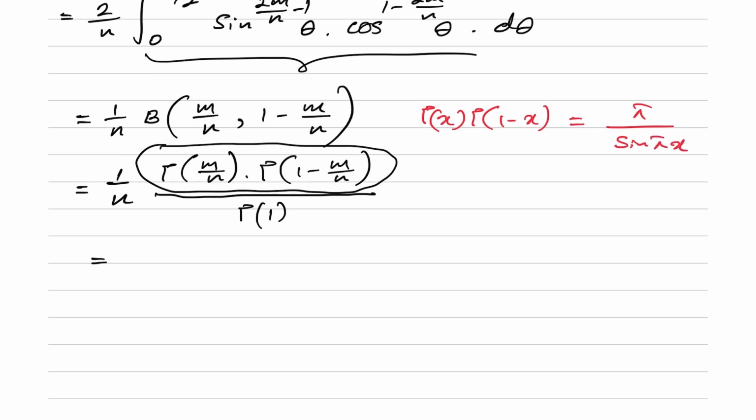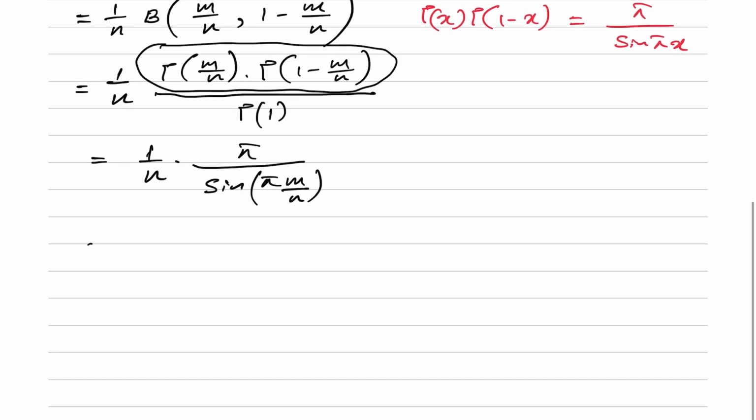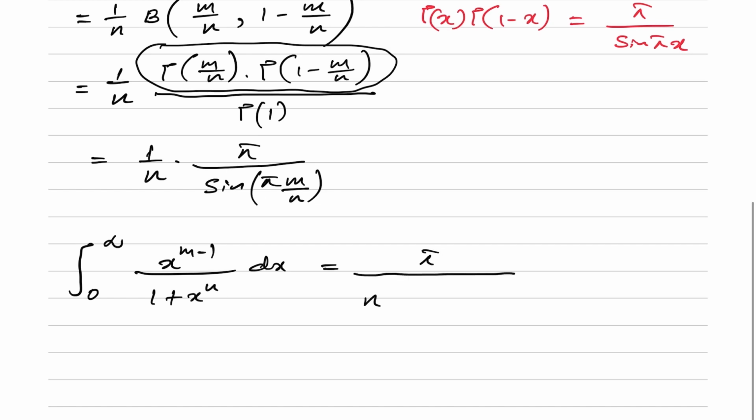So we have 1 over n times π over sin(π m/n). So our integral from 0 to infinity of x^(m−1) over (1 + x^n) dx is equal to π over n sin(π m/n).